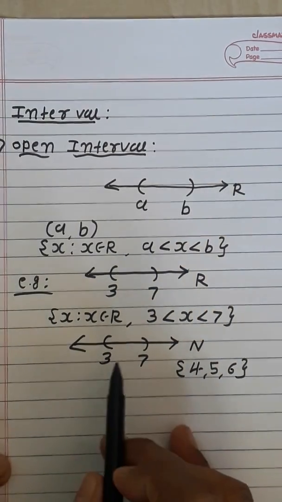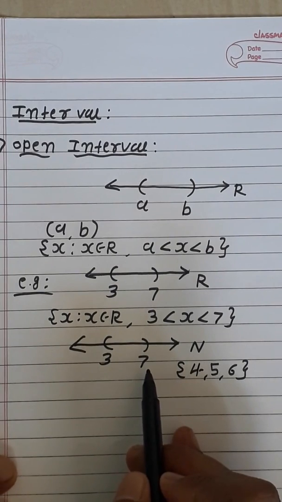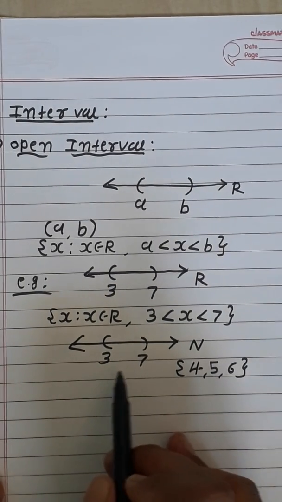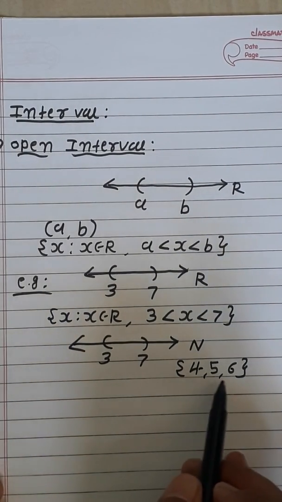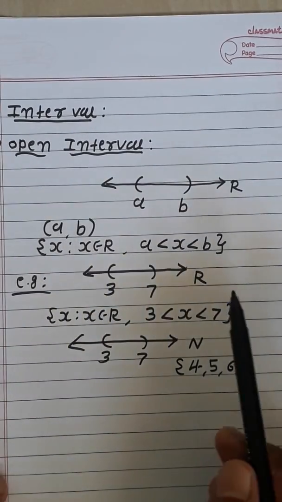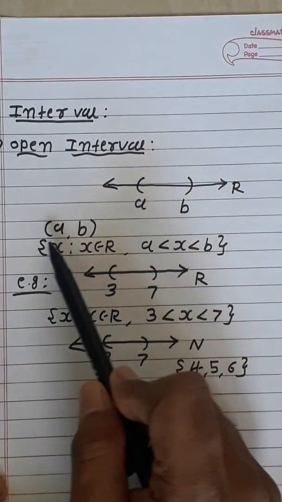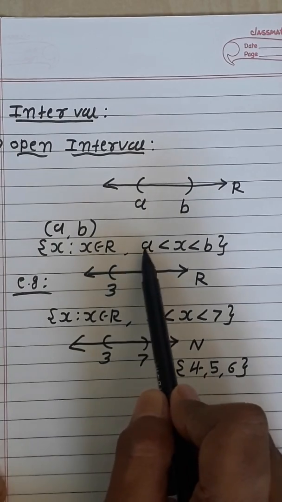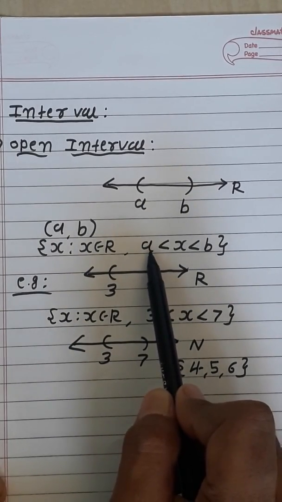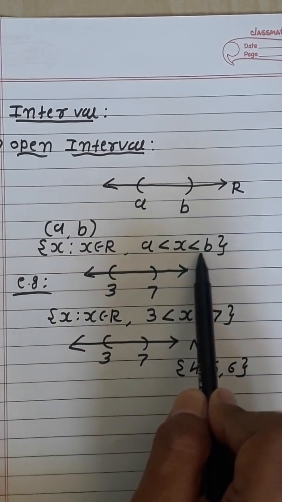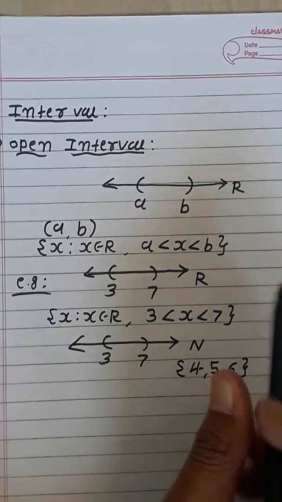We cannot consider 3 and we cannot consider 7, only the numbers between 3 and 7. So open interval means the set {x : x belongs to R, A strictly less than x less than B}.